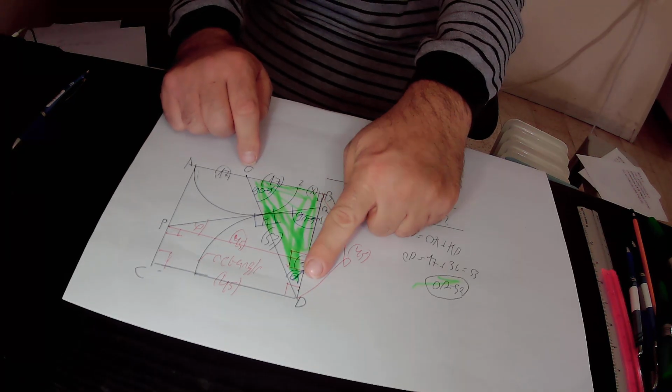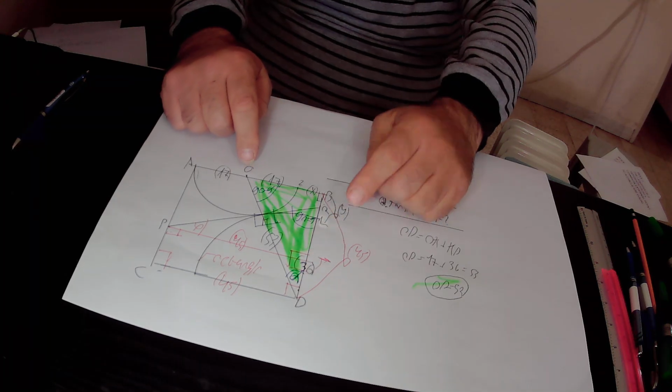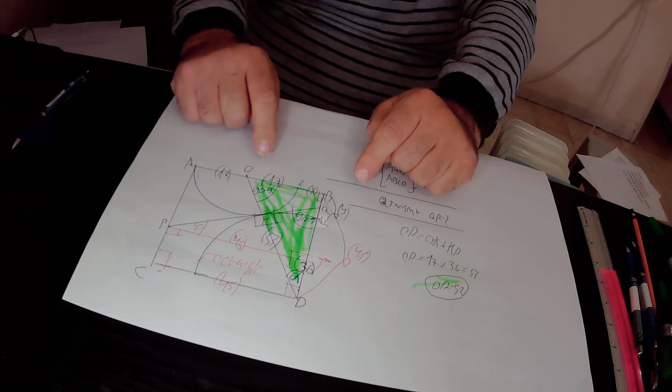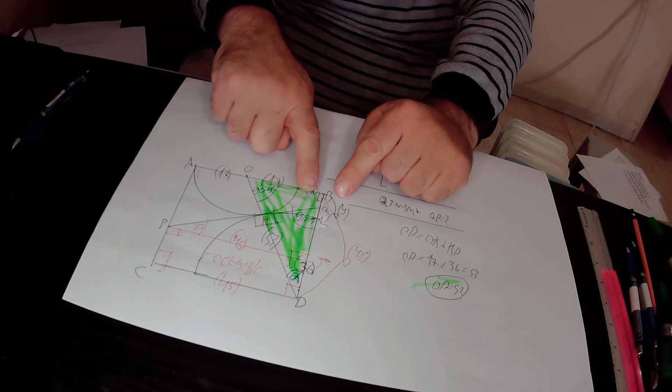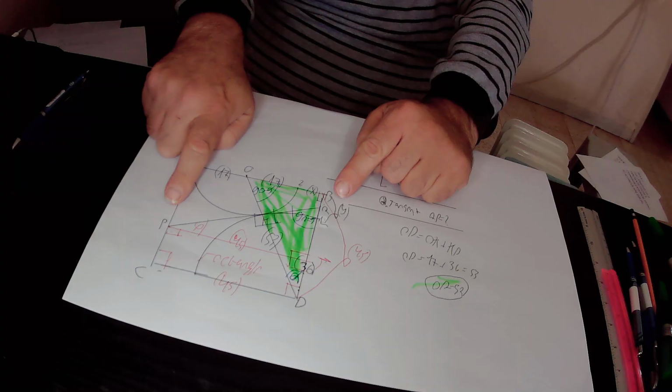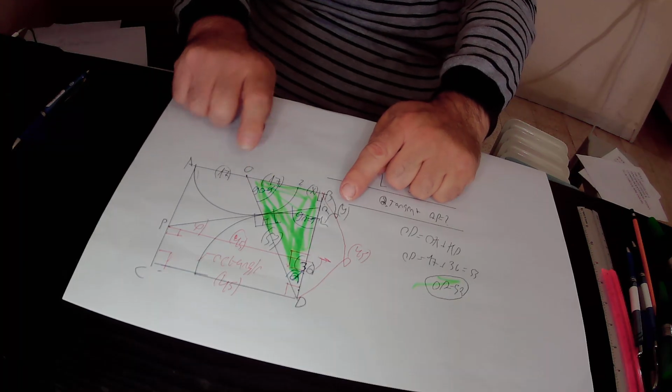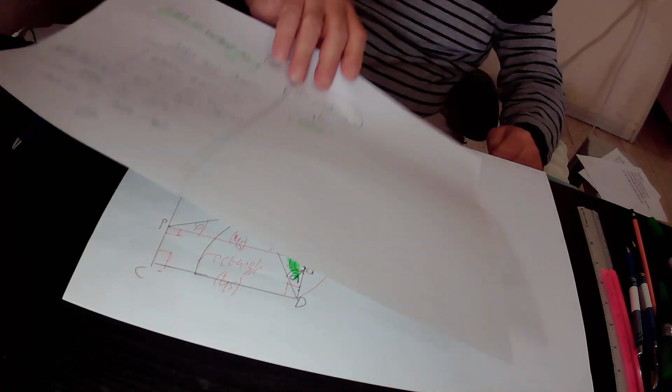The hypotenuse of the green triangle, OD, must be equal to the hypotenuse QP of the right triangle QPT. Therefore, OD is the corresponding side of QP, so OD equals QP.